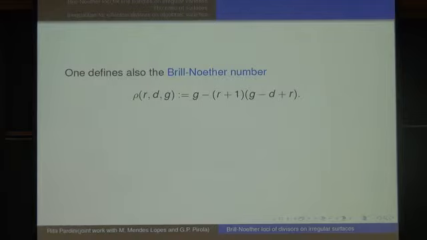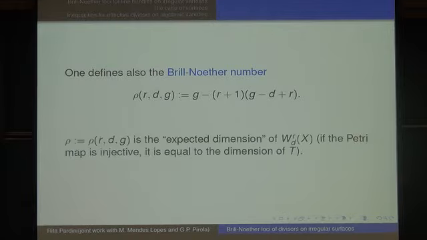So one defines this Brill-Noether number. The Brill-Noether number controls all the theory in the case of curves. It's written there, and I had trouble memorizing this number. I think the correct way of thinking about it, learned from Pietro, is that this is just g minus the space of matrices.